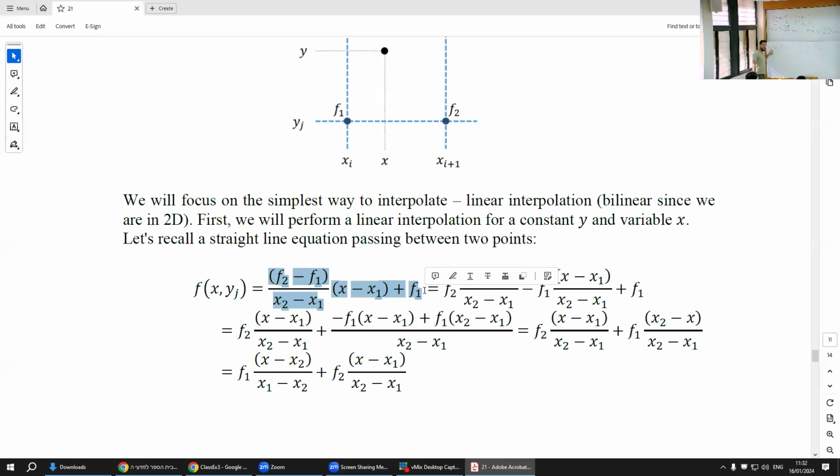Now this function f of x, y, when y equals y1, it is f of x, y1 that we found.